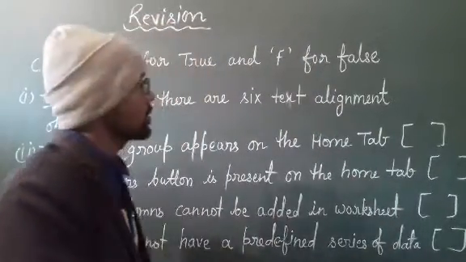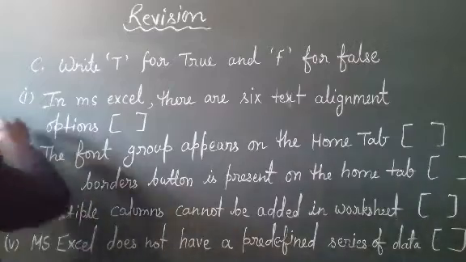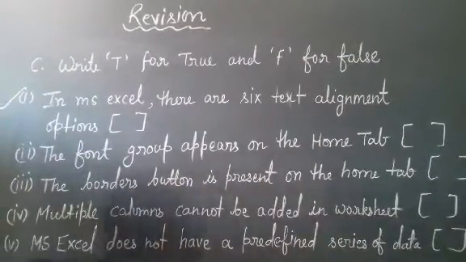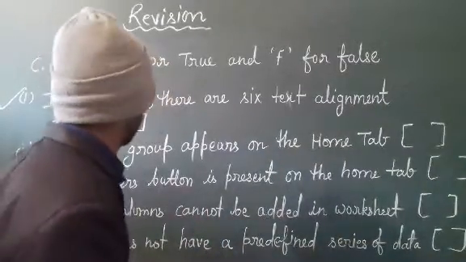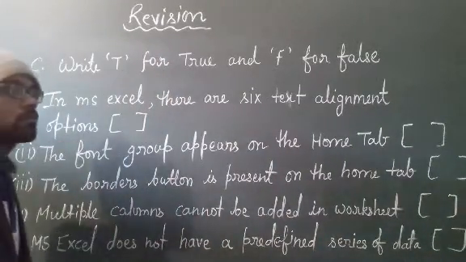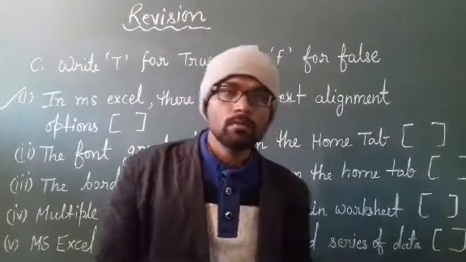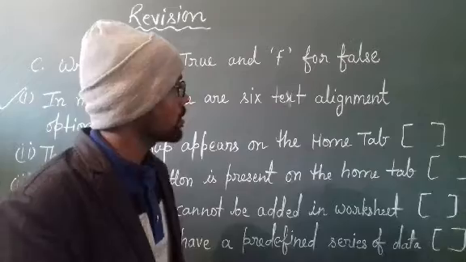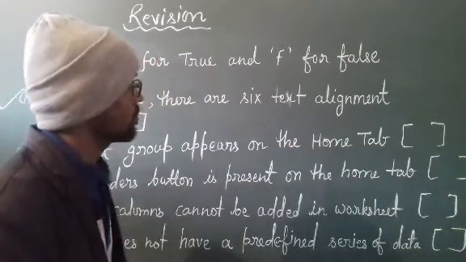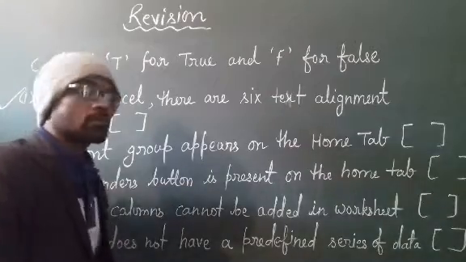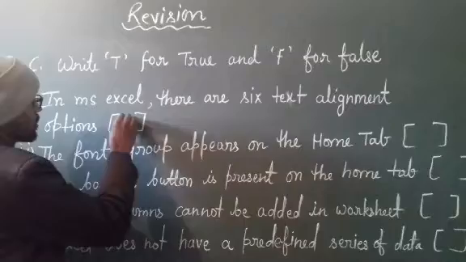Question number first is, in MS Excel, there are 6 text alignment options. Tell me students, is this statement true or false? If you are thinking this is a true statement, you are right. This is the true statement.